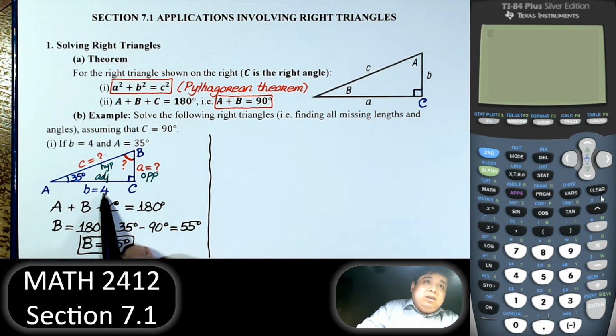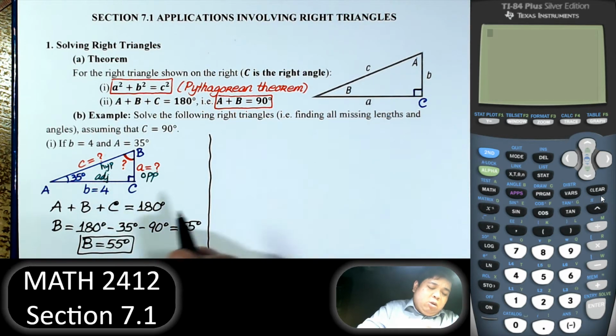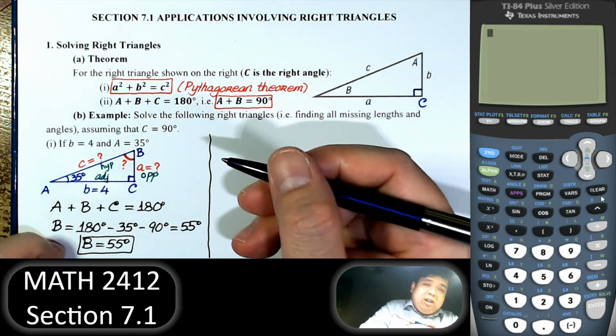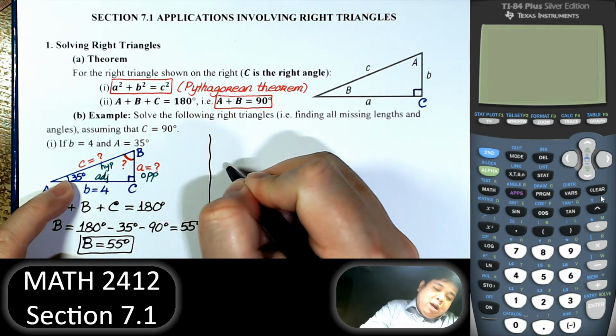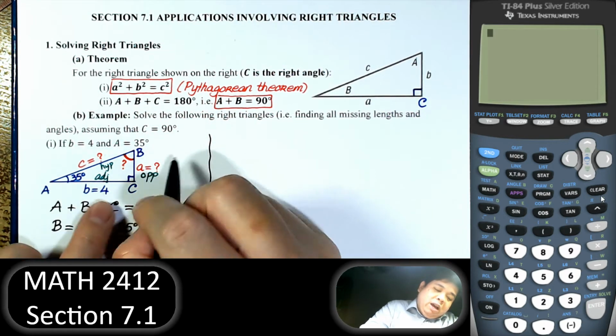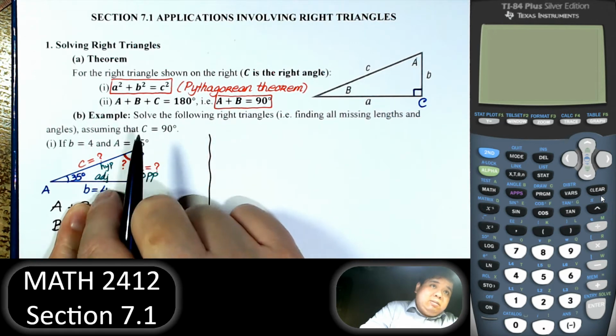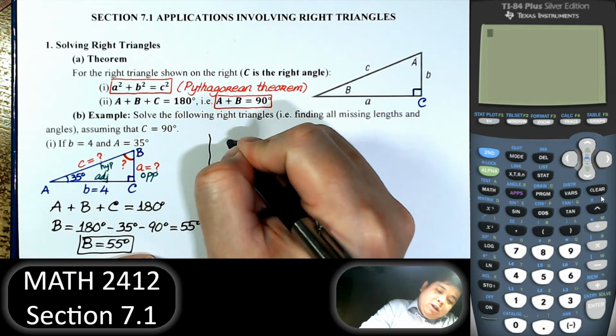We do know b though. Now, this is a right triangle, so we just use right triangle trigonometry. With respect to angle A, we have opposite and adjacent, so that would be tangent.